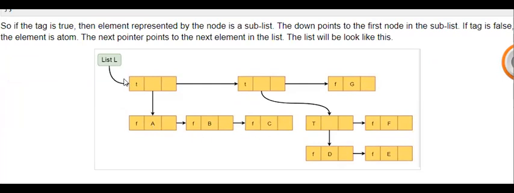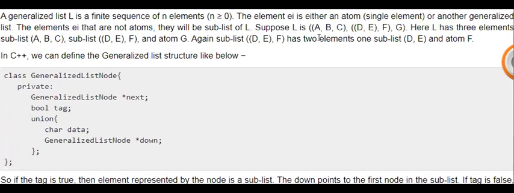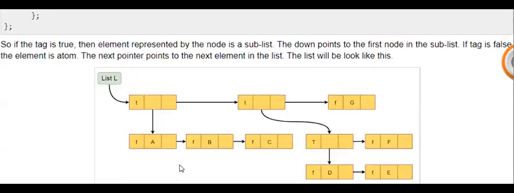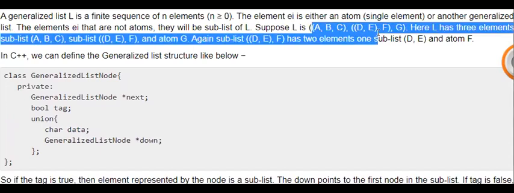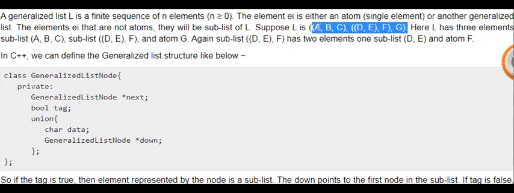So based on the tag, we have to insert an element according to the given list. For L, suppose L has three elements; in the first element we have to insert A, comma B, comma C.